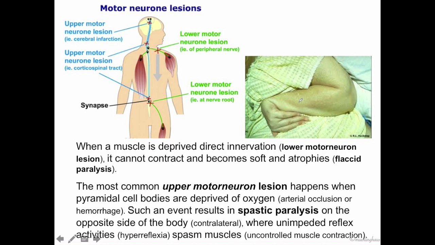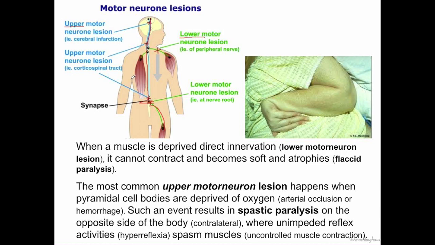Now, we talked about the upper motor neuron and lower motor neuron before, two slides back. The upper motor neuron is the one from the cortex all the way down to the spinal cord level. And then the lower motor neuron goes from the spinal cord level to the muscle. When we look at lesions, this is a place where we can get a clue of how things work, but also a clue, when we see a person, of what kind of lesion they might have.